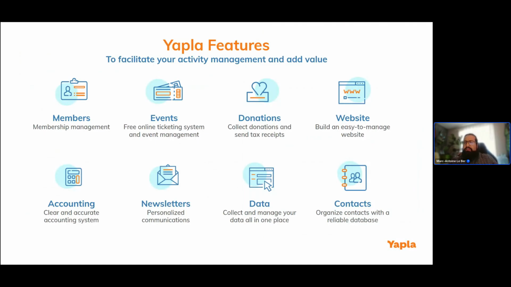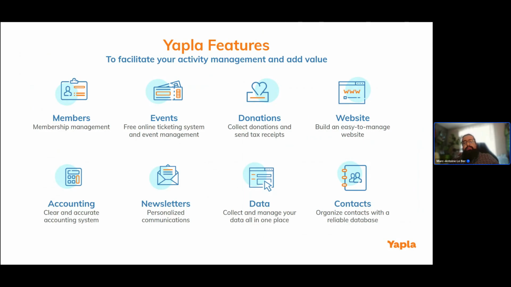We have a wide array of features that automate membership management, be it for the registrations, renewals, member space, and tons of other features around the membership. Organizing your events, ticketing, online events, in-person events, charity events, large conferences, or whatever they might be.